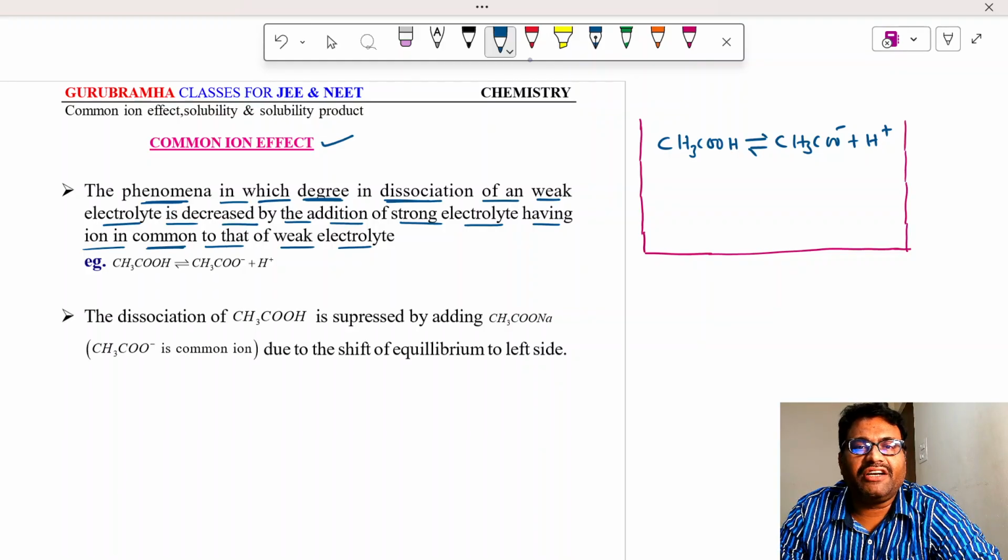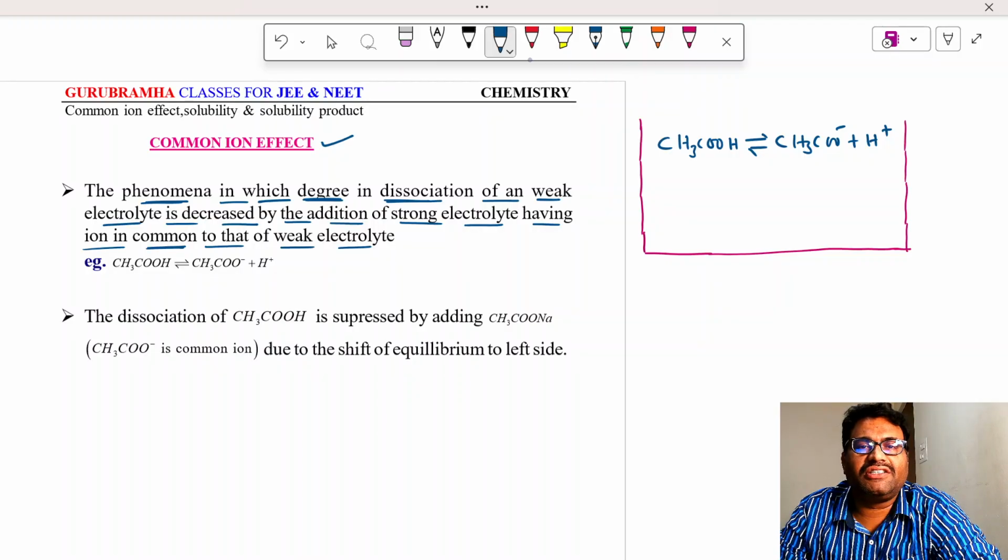When it is a weak electrolyte, there will be both forward and backward reaction. That means some molecules will be converted into ions, and ions again convert into undissociated molecules.